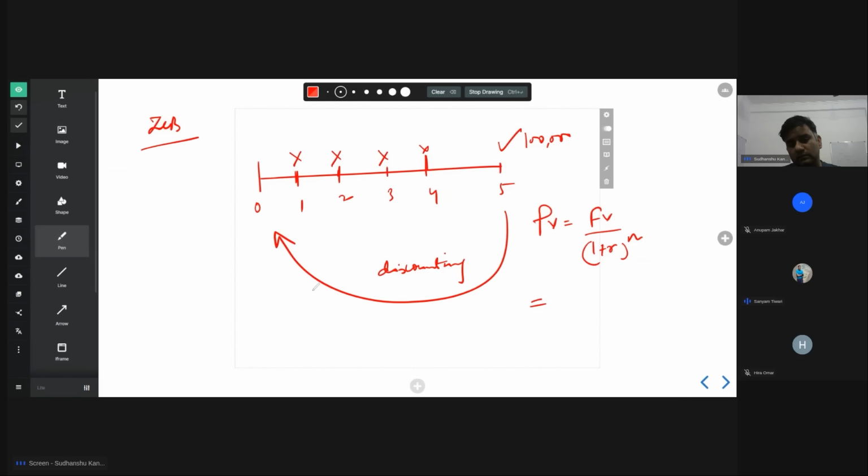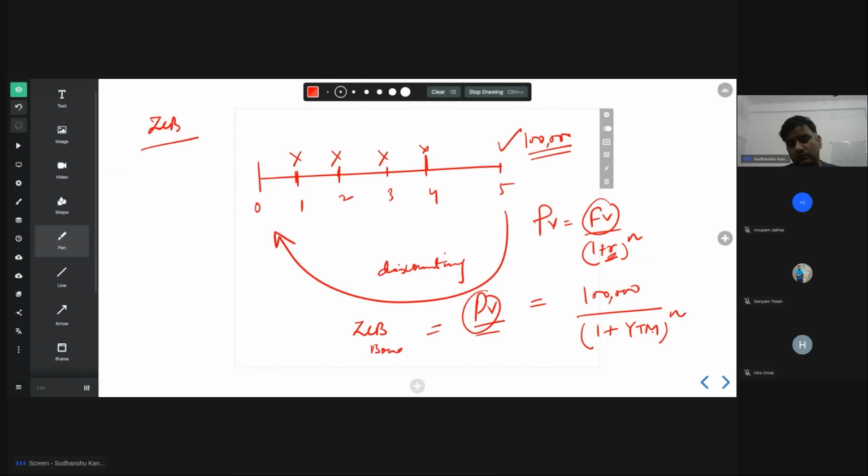Simple, na? Yes, sir. Right. So what is the future value? Future value which was coming was 100,000, right? And in 1 plus r, I am saying this r is actually YTM, right? This r is known as YTM raised to power n, right? n is 5 years, and it is giving me present value. Present value is the zero coupon bond value, right?